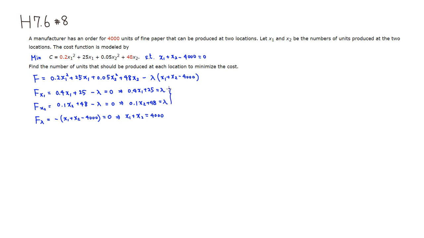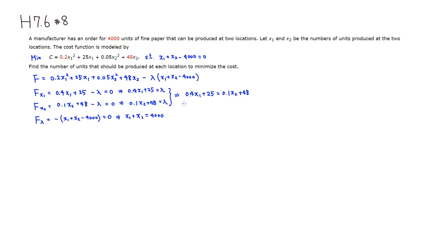Which means that we can set them equal to each other. So we have 0.4 x1 plus 25 is equal to 0.1 x2 plus 48, right?